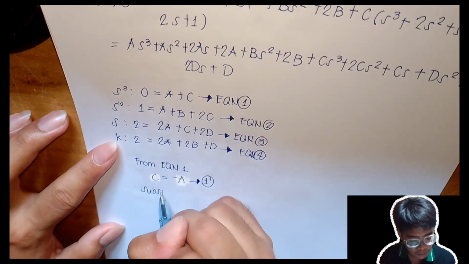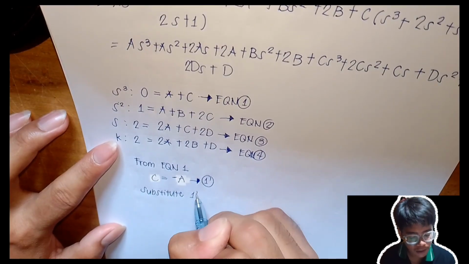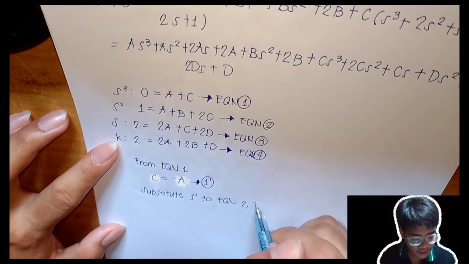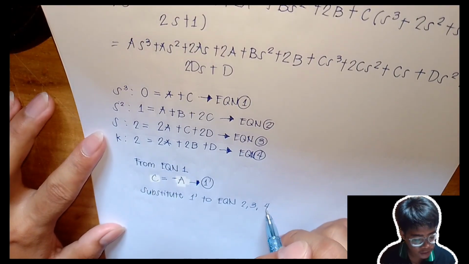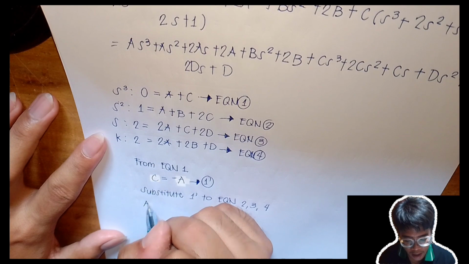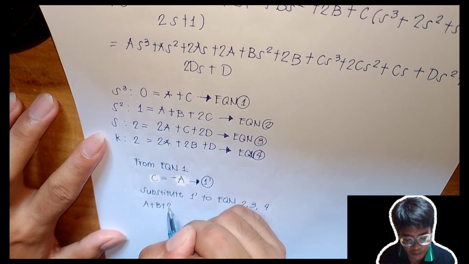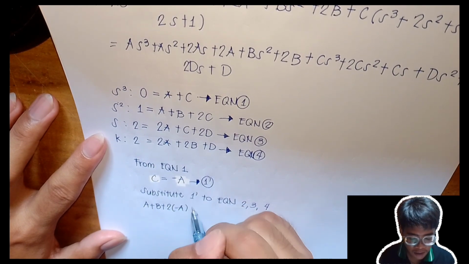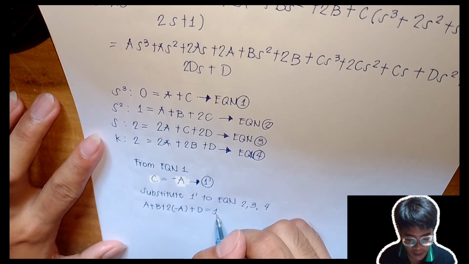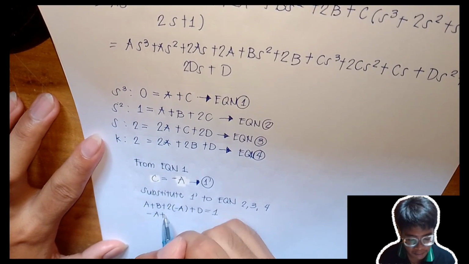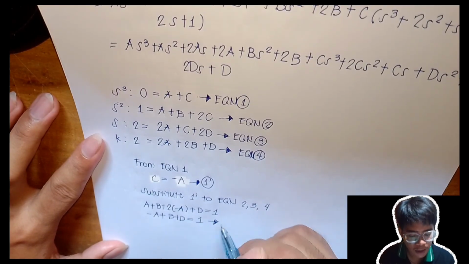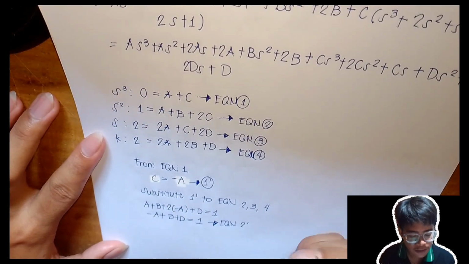From equation 1, C is equal to negative A, equation 1 prime. Substitute equation 1 prime into equations 2, 3, and 4. For equation number 2, A plus B plus 2 times negative A plus D is equal to 1. Negative A plus B plus D is equal to 1, equation 2 prime.